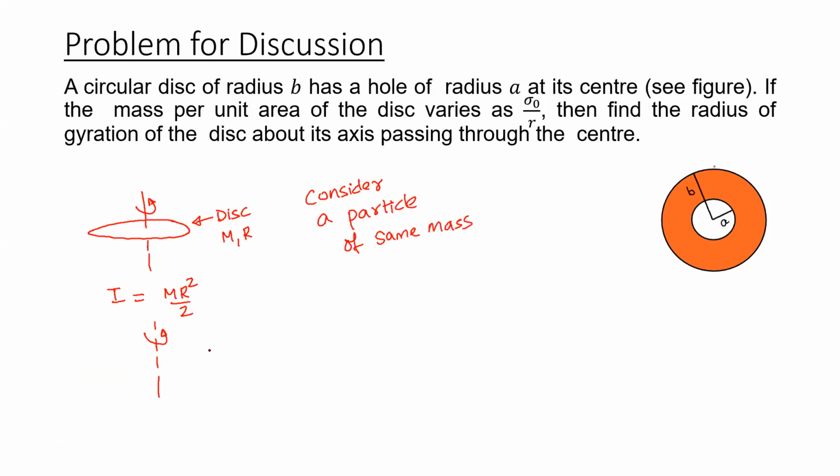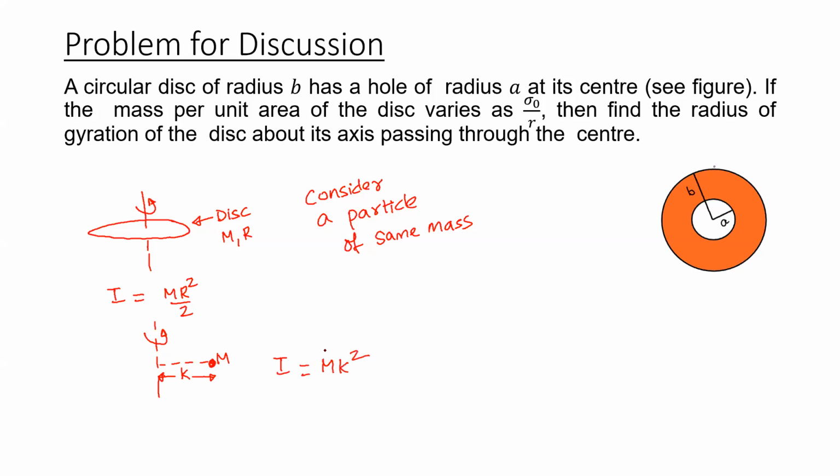And then you're placing that particle at some distance, let's say at a distance k. Now, if I rotate this particle, the moment of inertia I'll get is mk square.